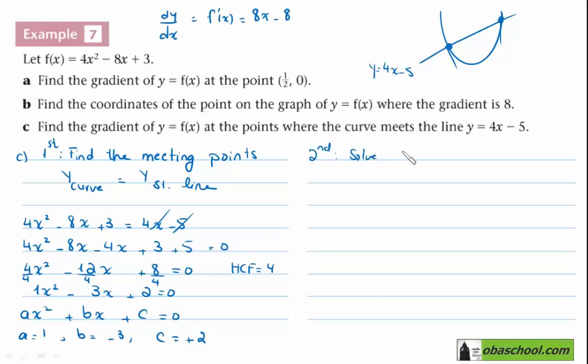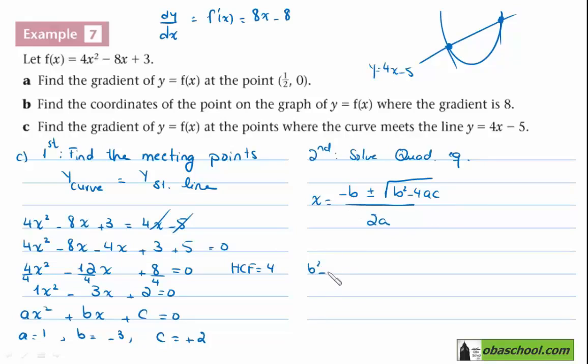Now the second step is to solve the quadratic equation in order to find the values of x. Using the formula, we know that x equal minus b plus or minus the square root of the discriminant, all divided by 2a.